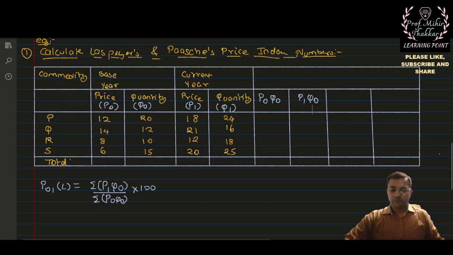So guys, when you multiply the values of P0 and Q0, 12 into 2, that is 24, so you get this value as 240. 14 into 12, that will give you 168. 8 into 10, that will give you 80. And 16 into 15, that will give you 240.